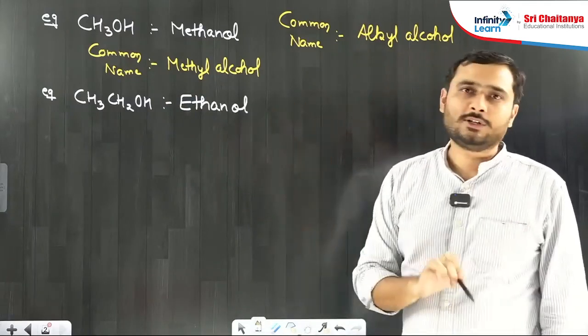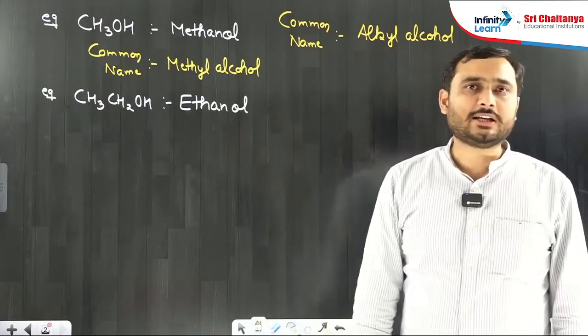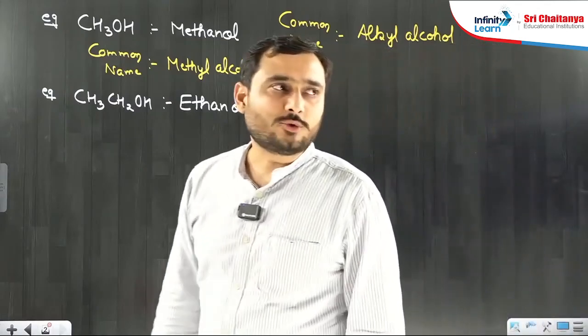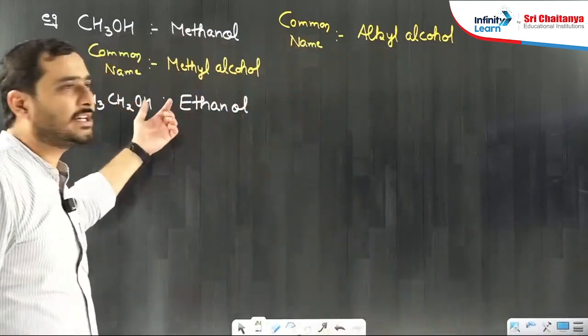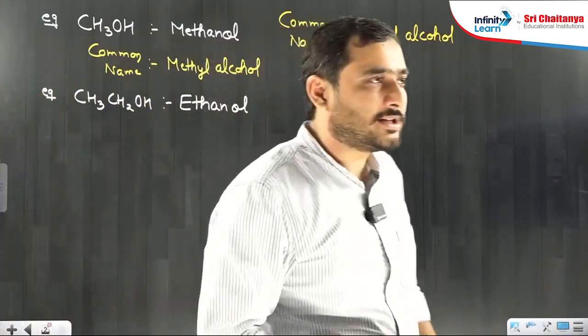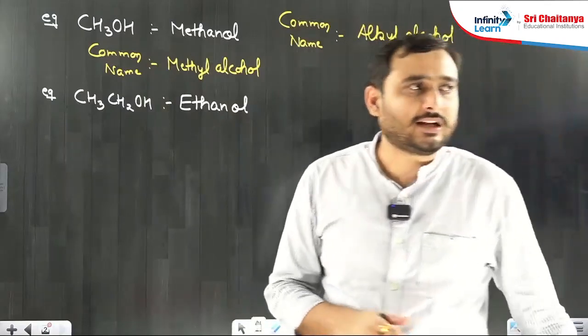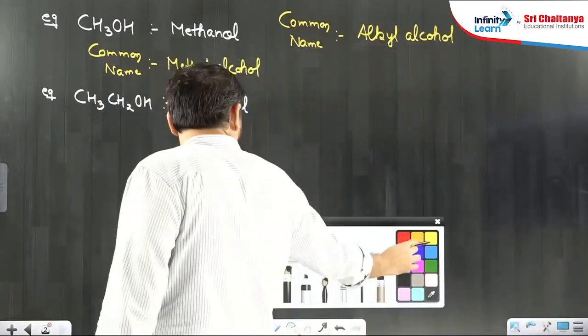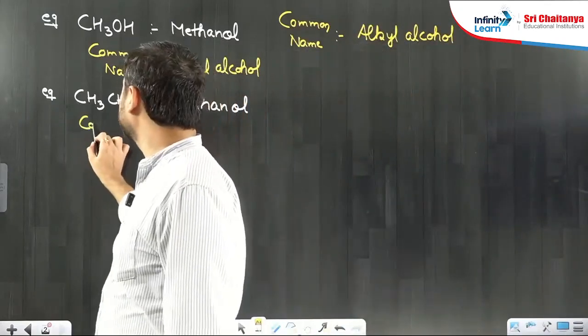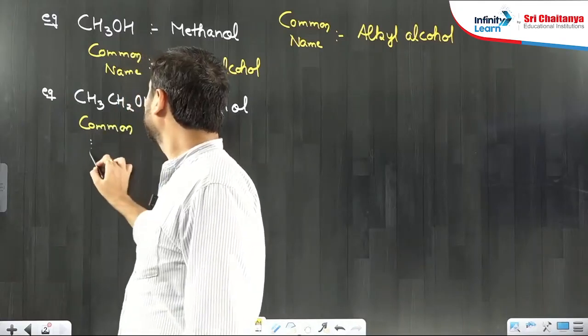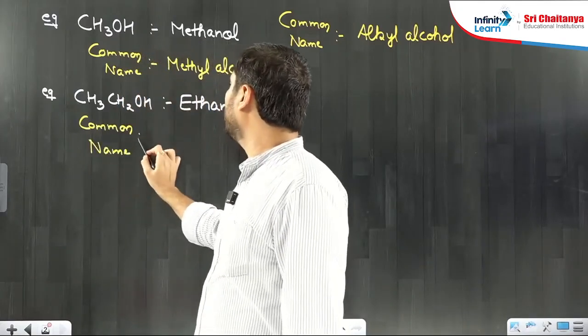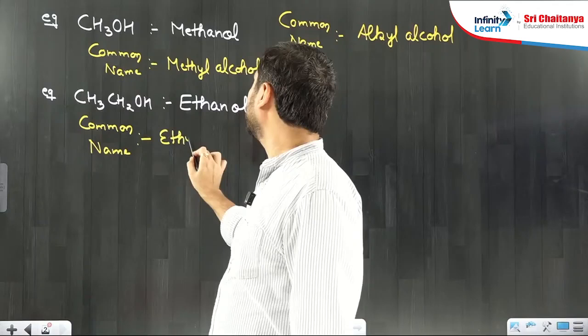Ends with ol. So what is the name of this compound? Ethanol. Now students, you have to tell what is the common name for this ethanol. Students are telling correctly, very good. What is the name? Ethyl alcohol. You have to participate in class. So the common name will be ethyl alcohol.